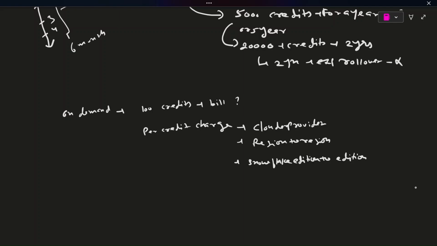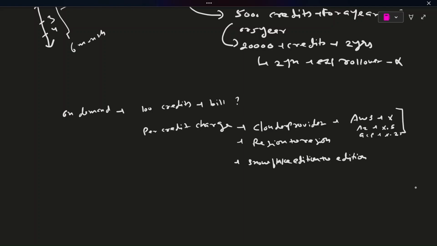Let's say you selected AWS, it will be some X amount. If you selected Azure, it will be, let's say, X.5, or if you selected GCP, it will be, let's say, X.25 per credit.